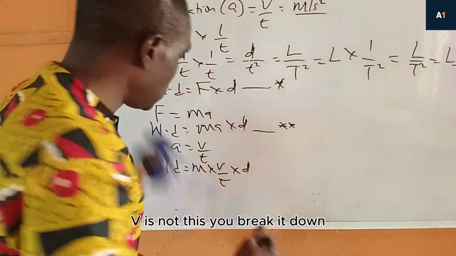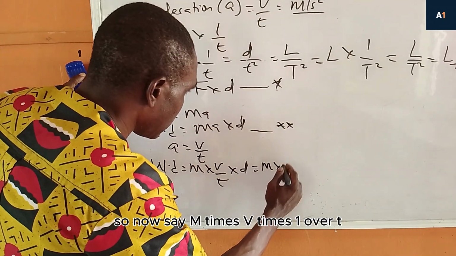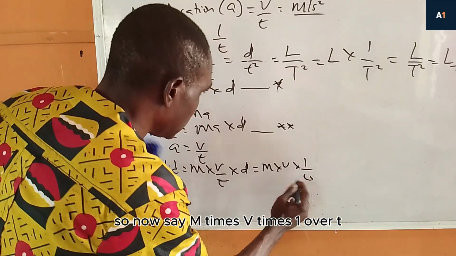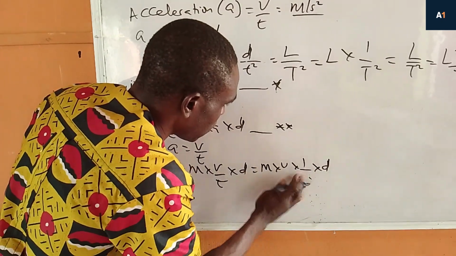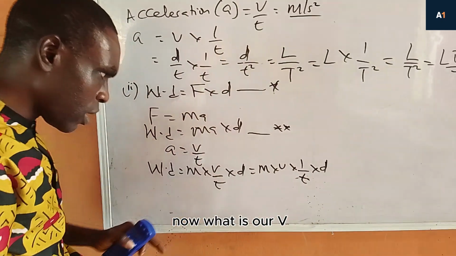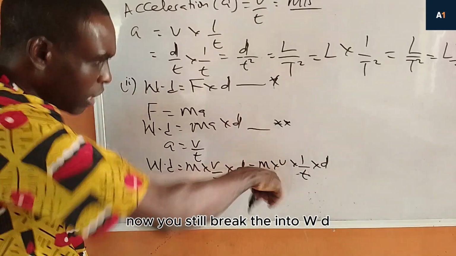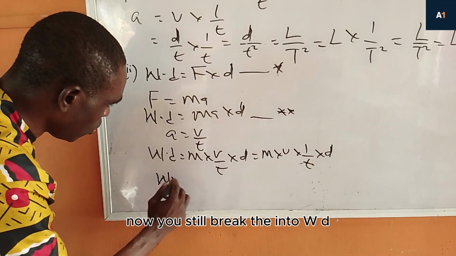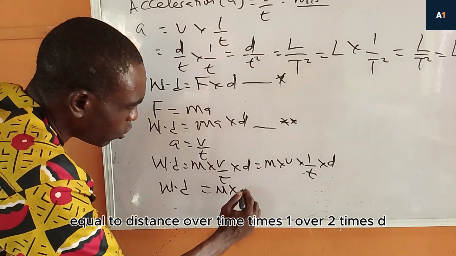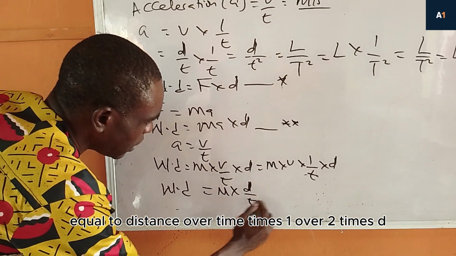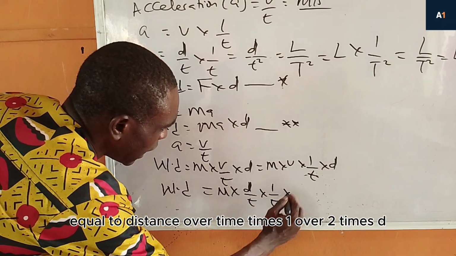You break it down. So now say M times V times 1 over T times D. Now, what is our V? You still break V into distance over time. So work done is equal to mass times distance over time times 1 over T times D.